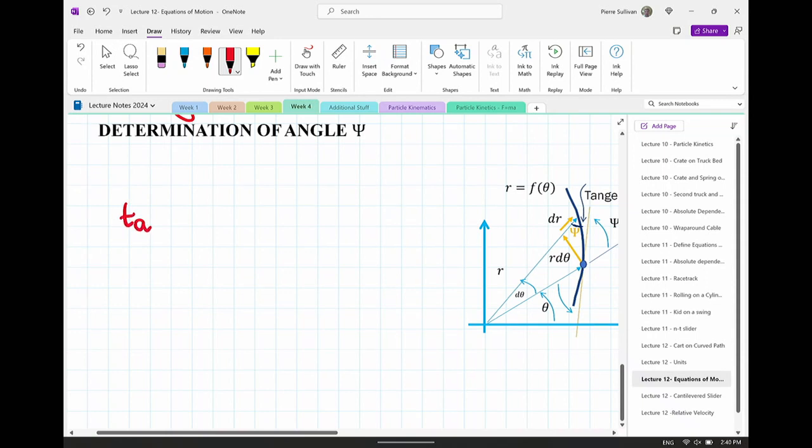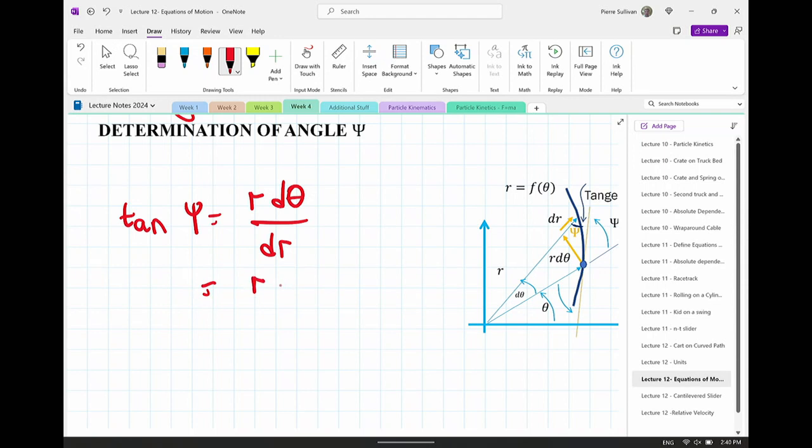So tan of psi is equal to r d theta divided by dr, which is equal to r over dr/d theta. You can look at it here. You have theta, you have a displacement d theta.